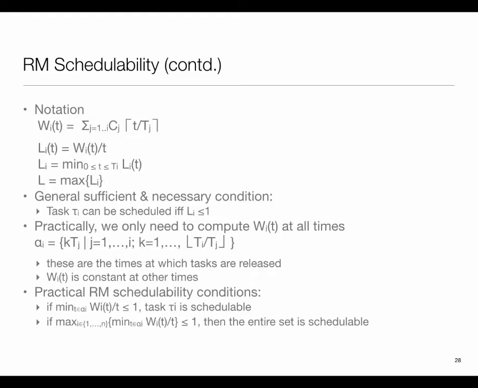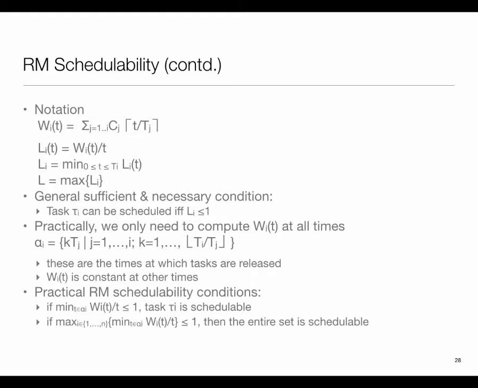Another way of saying it is, if I look at the smallest L sub i of t, and call it L sub i, then L sub i should be less than or equal to 1 for the ith task to be schedulable. Then for the task set to be schedulable, I can look at the highest L sub i across all my tasks, and I'm basically saying that this L should be less than or equal to 1. So each task should be schedulable. The ith task being schedulable means L sub i should be less than or equal to 1, and for the task set to be schedulable, L should be less than or equal to 1.